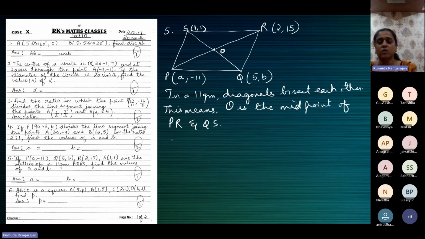Now what's the x coordinate of O? Now O is the midpoint of QS. We can find the x coordinate of O in two different ways.